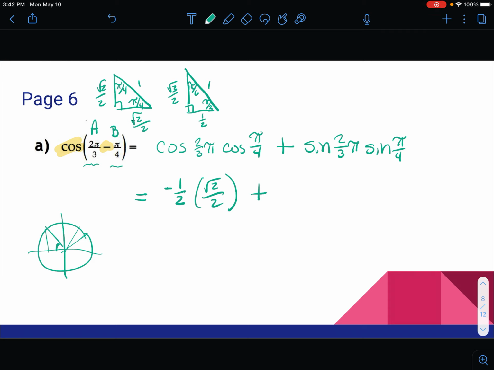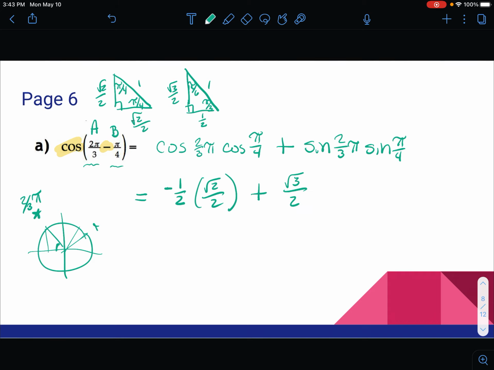Plus sine of 2/3 pi. Again, here's my 2/3 pi. This is going to be positive, since I'm in quadrant 2 for sine, and 1/3 pi is my reference angle. So the sine of this is radical 3 over 2.